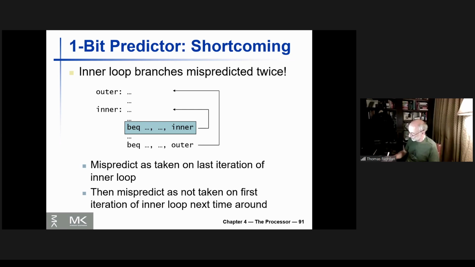If you go into an inner loop and you're sitting there going around the inner loop, when you get to the branch at the end of the inner loop, you'll have been going taken, because you're going back each time, taken. And then when you fall out of the loop, now you'll have not taken the branch. And so by our rule, that would cause us to flip the bit, because we always use history to tell us what to do. So we want to know what we just did. So we'll switch it to say untaken.